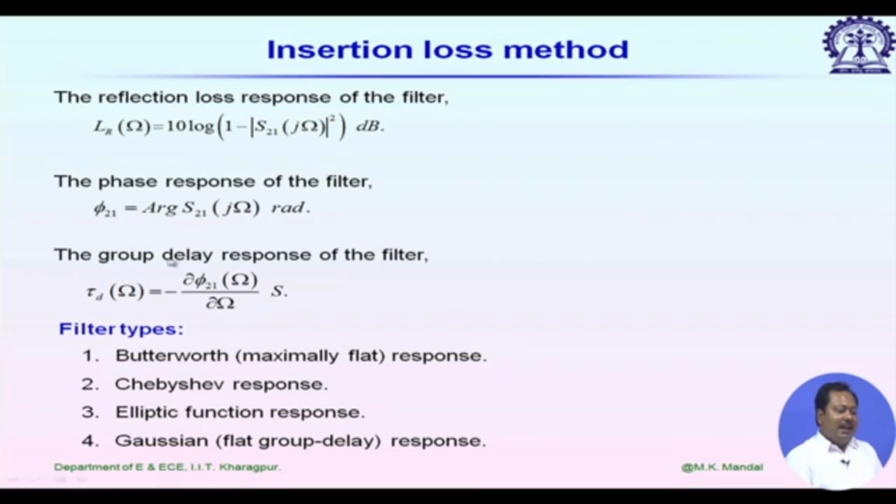Because the slope of the phase represents the group delay, which can be written as tau d equal to minus the derivative of phi with respect to omega. This is the time taken by your signal to reach port 2, and it varies with frequency.